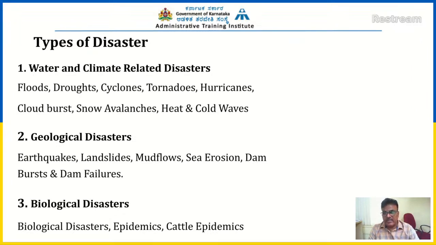Under the geological disasters, we can give examples of earthquakes, landslides, mud flows, sea erosion, dam burst, and dam failures. Under biological disasters, we can say any epidemic situation, either to human beings, to cattle, or to any wild animals.